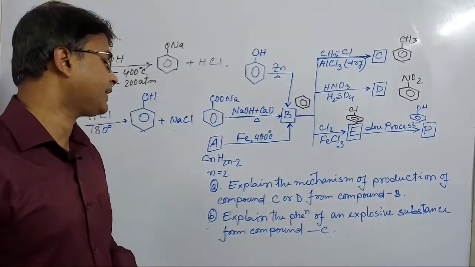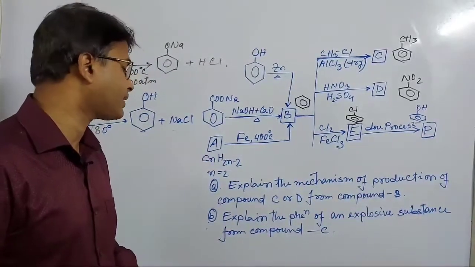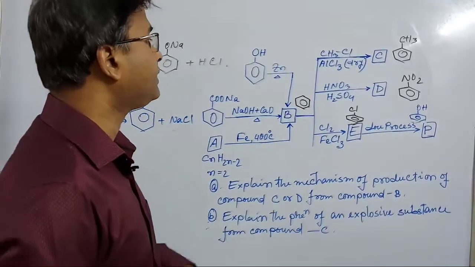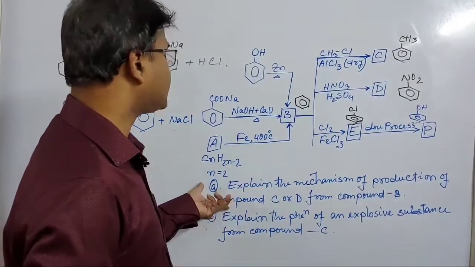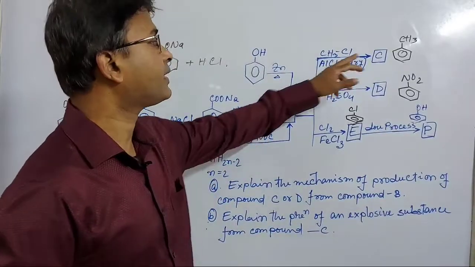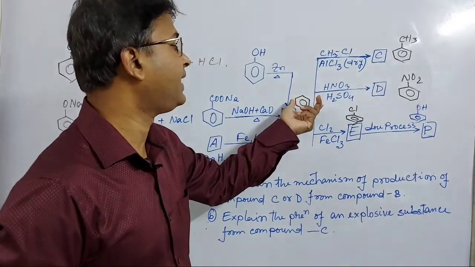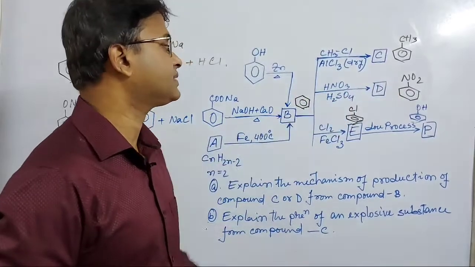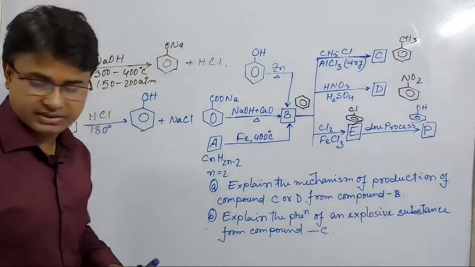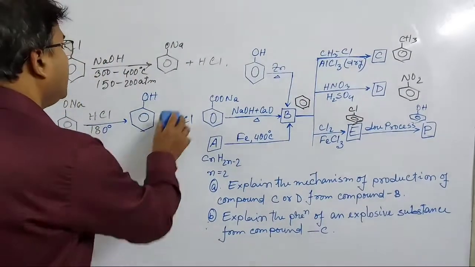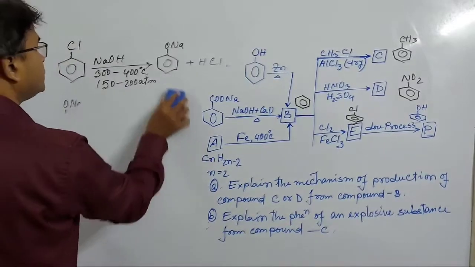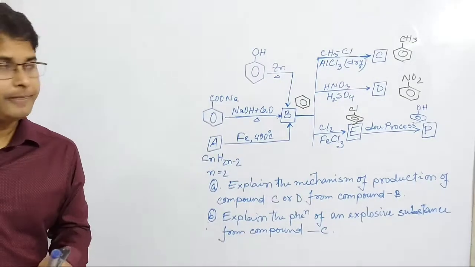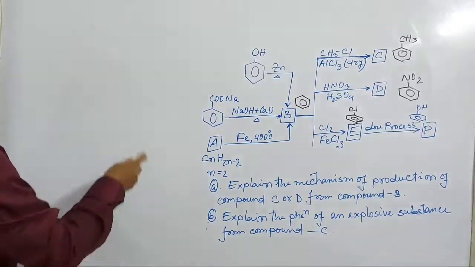Now question number A. Explain the mechanism of production of compound C or D from compound B. I mean, it is asked to explain the mechanism of the production of toluene from benzene or nitrobenzene from benzene. I am going to show you the mechanism of the production of toluene.